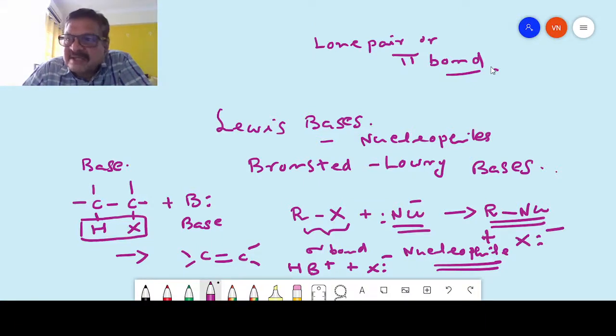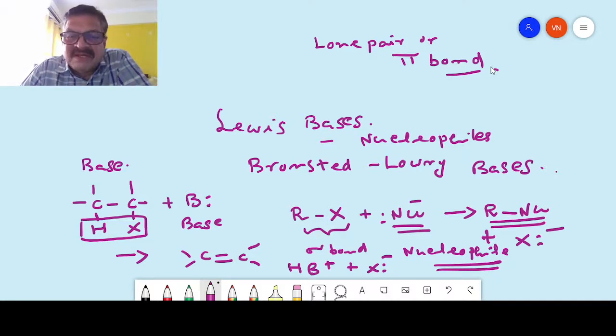Now, a Lewis base is an electron pair donor. For donating an electron pair, it should contain a lone pair or a pi bond. These are simple things which we have discussed, correct? Therefore, Lewis acids and bases.